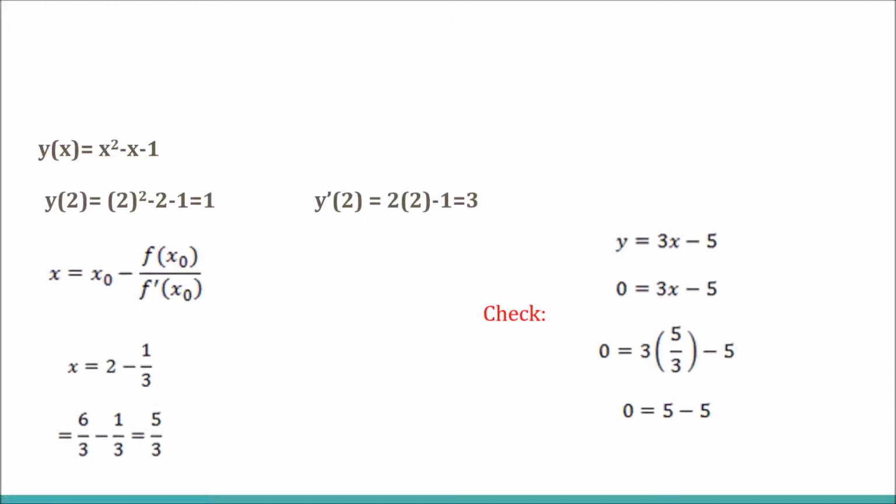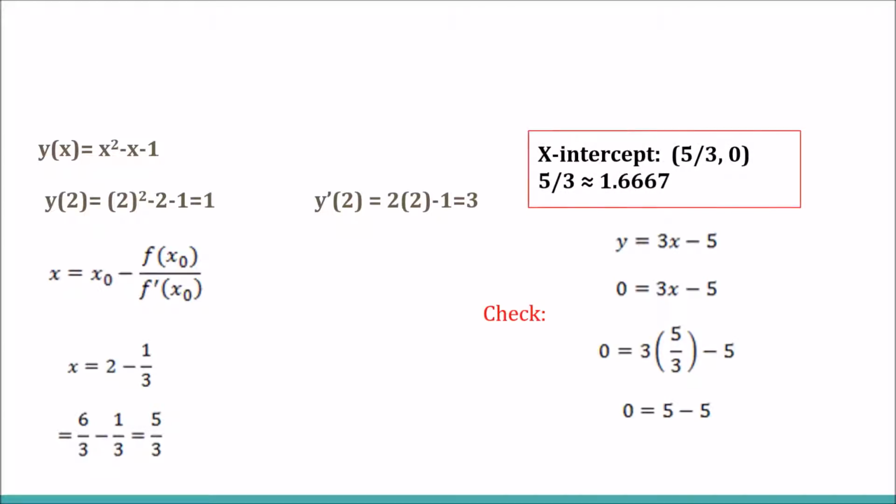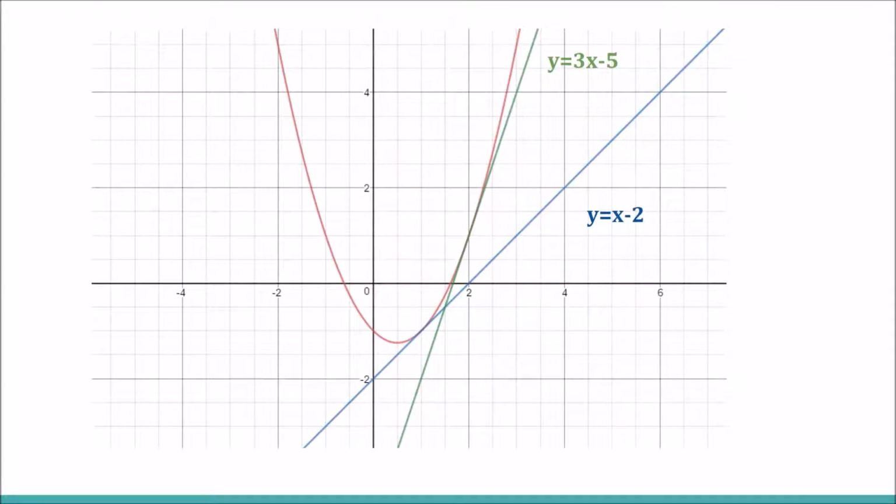Now we know the function has a root at approximately 1.6667, which is closer to the root than 2. This is our new tangent line with an x-intercept of 5/3, and it touches our function when x equals 2.